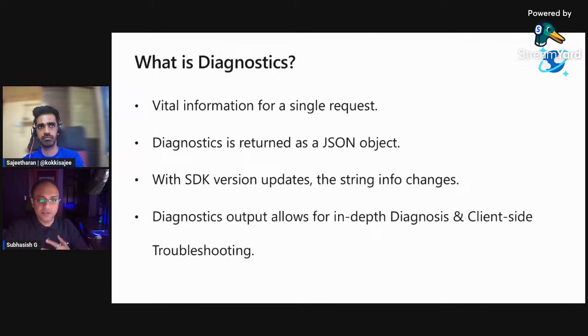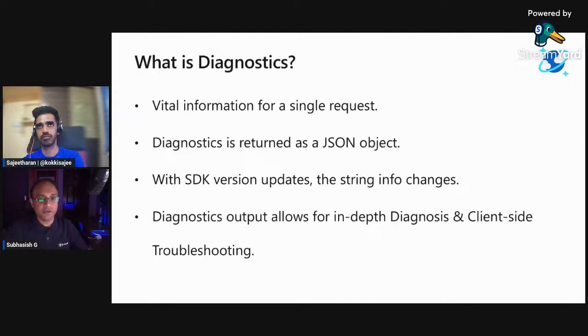What it basically does is capture all of this in a massive string, returned to you in the form of a JSON object. In our demo, we capture it, translate and format it a little bit, and then you get all the information out of it. As a developer and architect, you need to ensure that you're using the correct SDK, because with the different version changes, the attributes of this JSON artifact also change.